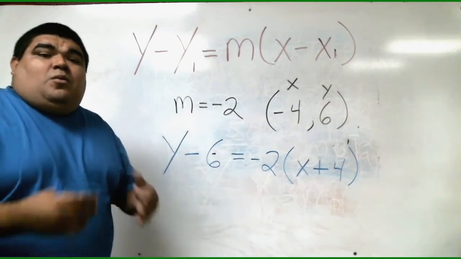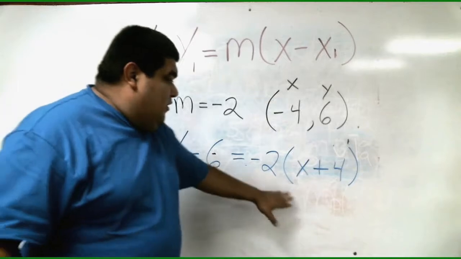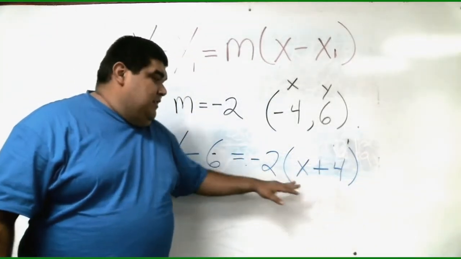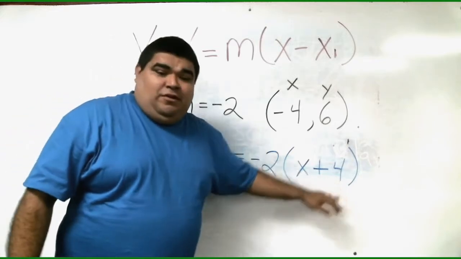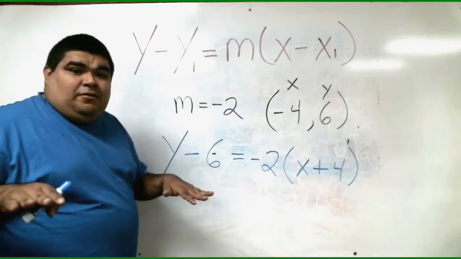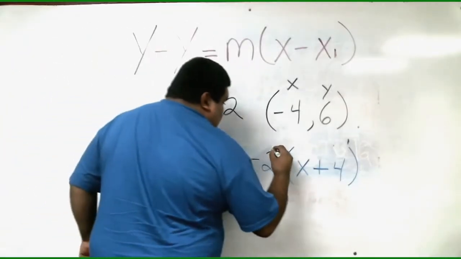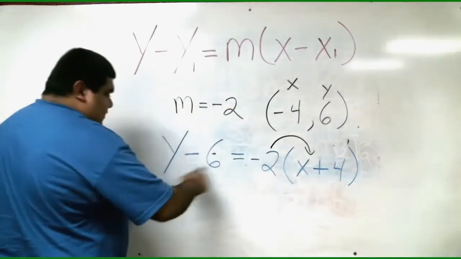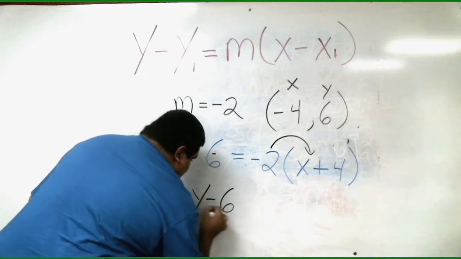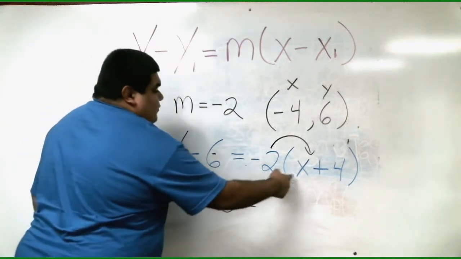Now we do a step called distribute. Okay? We're trying to get rid of the parentheses here. So we're going to distribute the -2 times the x, -2 times the 4. We're not going to do anything over here because there's nothing to do right now. Okay? So we distribute, bring this down, y minus 6 equals negative 2 times x.